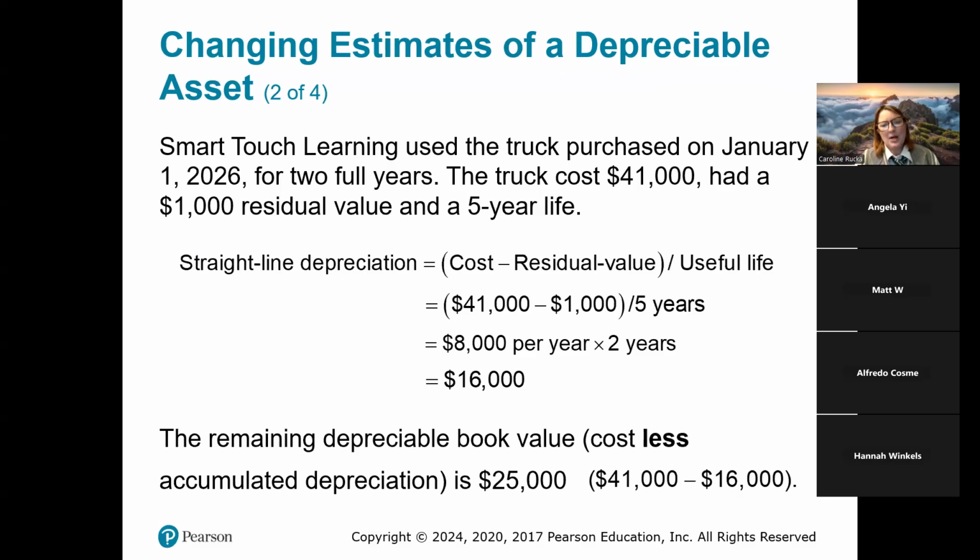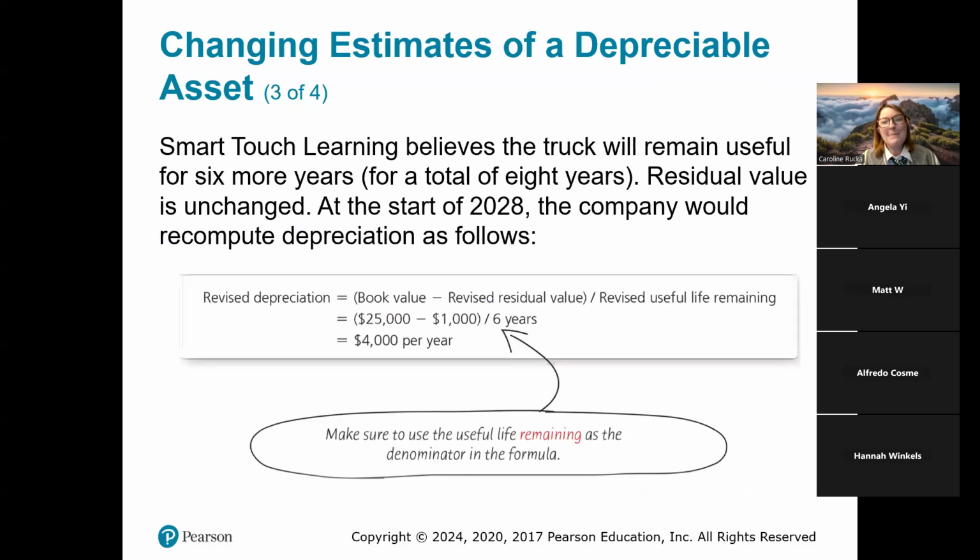So they use straight line depreciation for the first 2 years. So they've accumulated $16,000 of depreciation, and the remaining depreciable book value is 25,000. But now they think that truck's going to last for 6 more years, right?